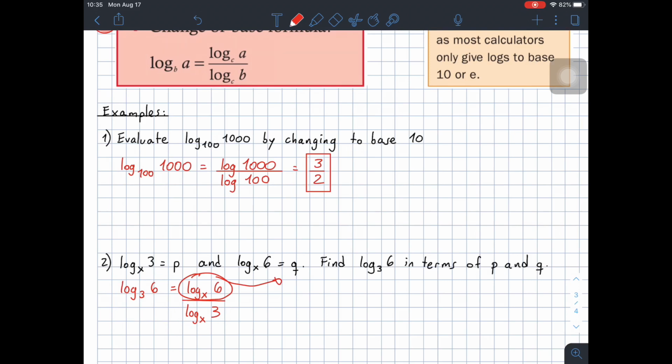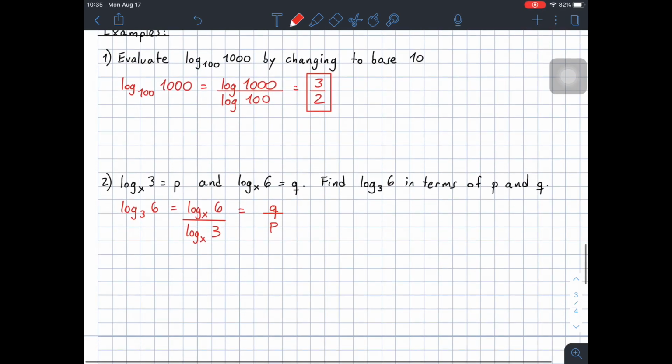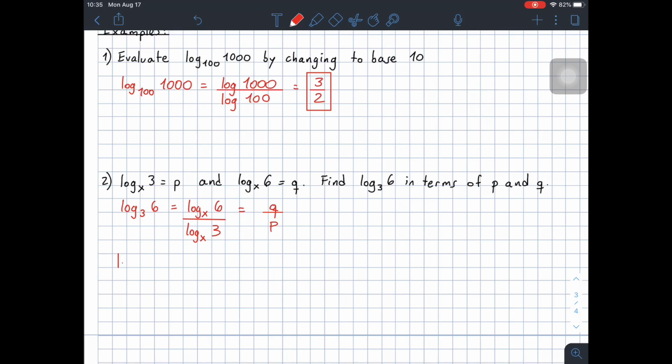So the result would be q divided by p. And this is the result for this exercise, okay? So I would say that log base 3 of 6 is q divided by p. And this is the result in terms of p and q as I was asked to find in the exercise.